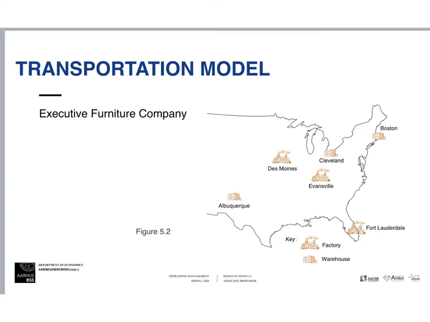So we use an example from the textbook, so it's easy for you to check all the details from your textbook. This example is an Executive Furniture Company's problem. Now you can see this company has factories and warehouses all over the country.